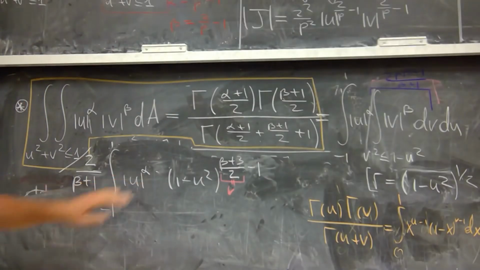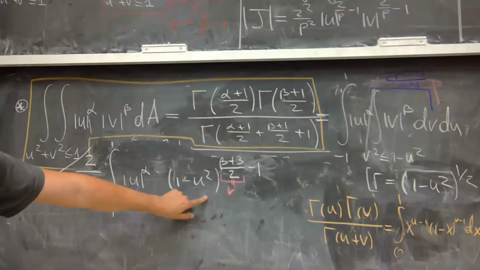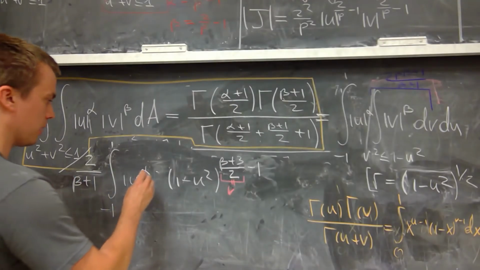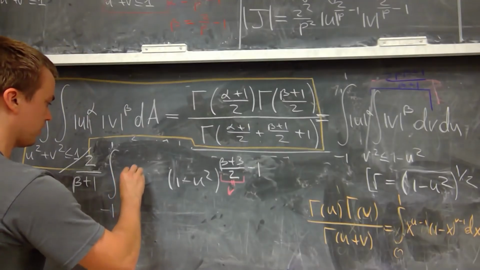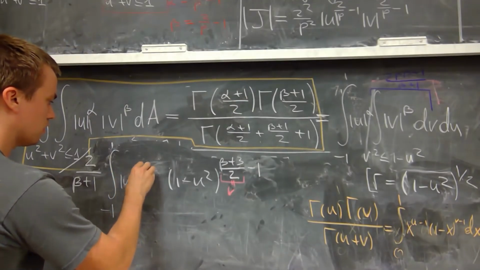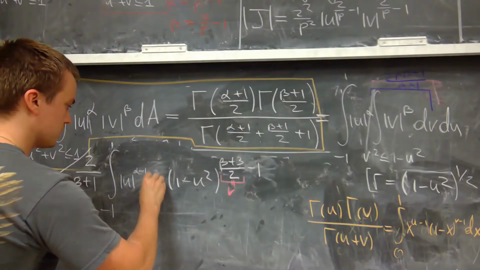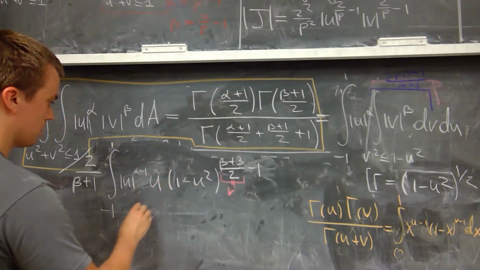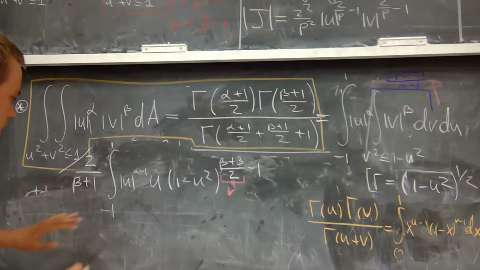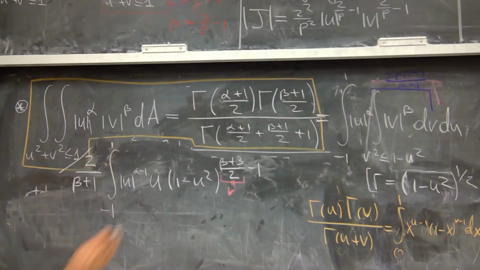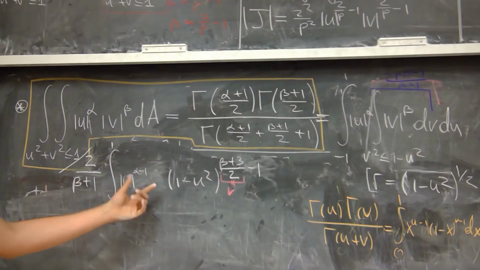What to do with this alpha? This alpha is a little bit tricky. First of all, you can see we have u squared here, but we don't have u squared there. Before I make u squared, I'm going to separate this u into two components. I will have |u|^(alpha minus 1) times u. Also, I have an integral from minus 1 to 1, and my function is even.